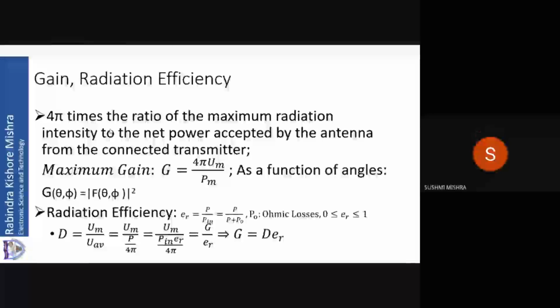This is an important relationship. Remember this always. The gain and directivity are same except for the factor of radiation efficiency. Radiation efficiency has no unit, so it is unitless. Multiply that with directivity. So if we know directivity and efficiency, we can find out gain.